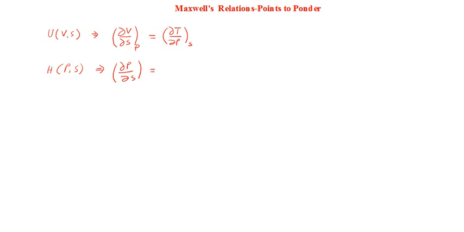So that is equal to minus dou T by dou V. And you have to keep the constants. Here I will be keeping V as constant, here I will be keeping S as constant.